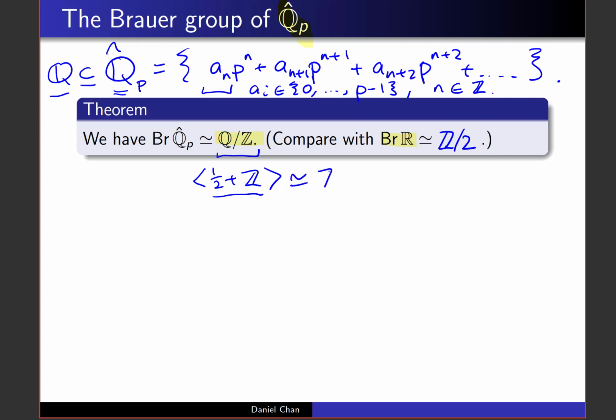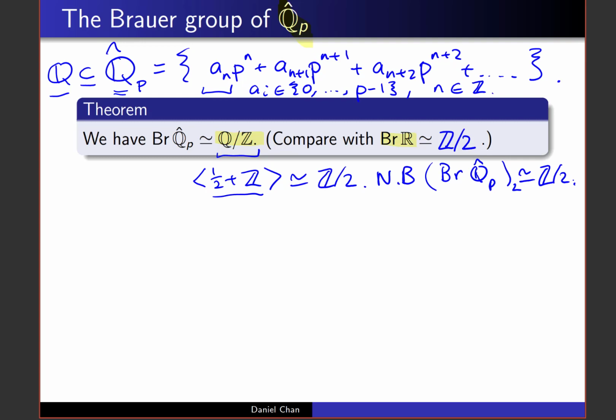So this is just isomorphic to Z mod 2. And in fact, that's the 2-torsion inside here. So let's just note that the Brauer group of Q hat p, if you look at the 2-torsion, is isomorphic to Z mod 2.